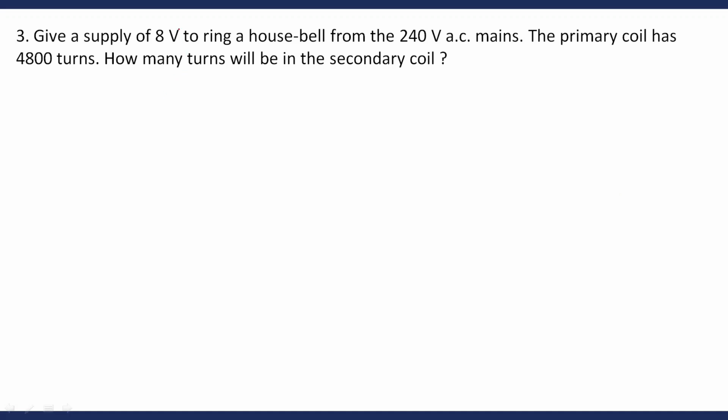This is the output, epsilon s, the output voltage. This is the input voltage, and this is the primary coil number of turns, and the secondary coil needs to be found out.